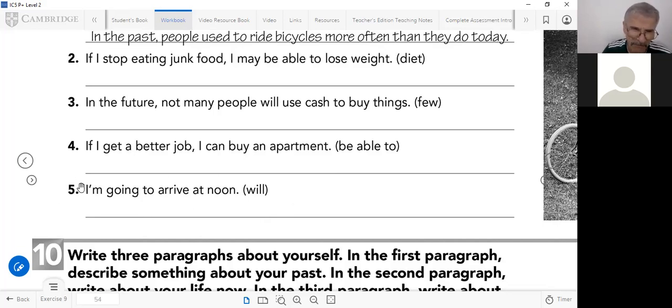Number 5, what do you say for number 5? I'm going to arrive at noon. Noon is like the night, no? Noon is the middle of the day, 12 o'clock in the middle of the day when the sun is shining right there in the middle. What you say is midnight.